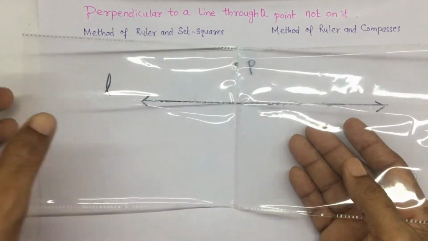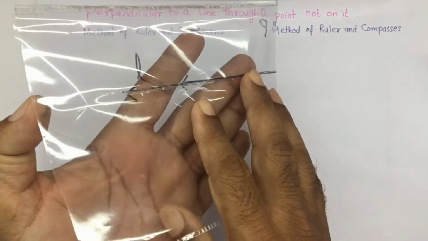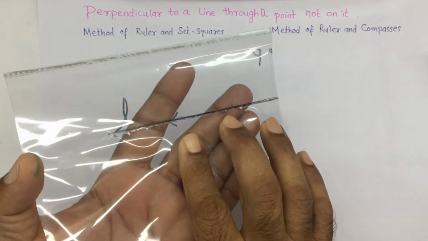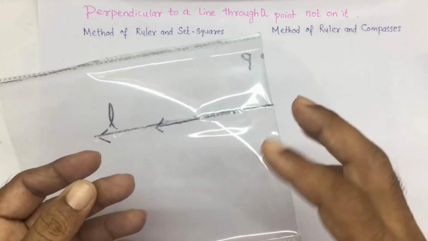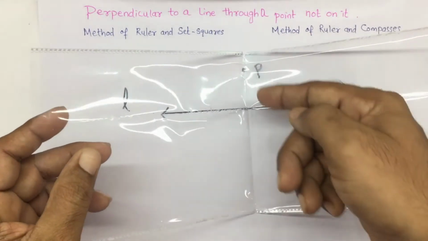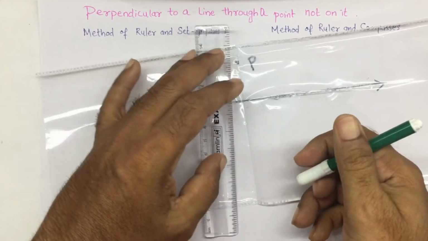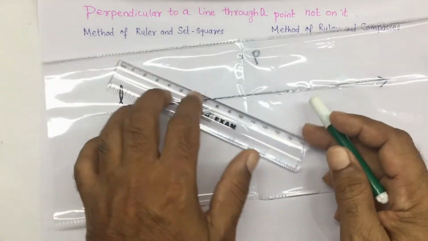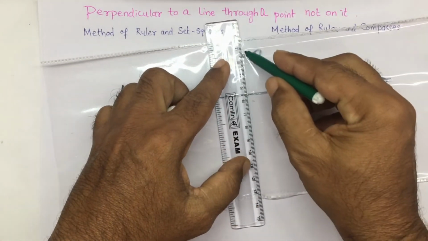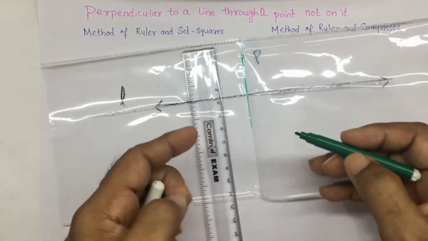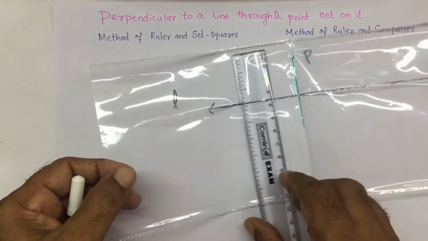From that particular point P, you fold the paper so that the two parts of the line coincide or overlap each other, and at the same time you can see the crease through that point P, and this crease is nothing but the perpendicular line to the line L. So, this way you can draw the perpendicular through paper folding.